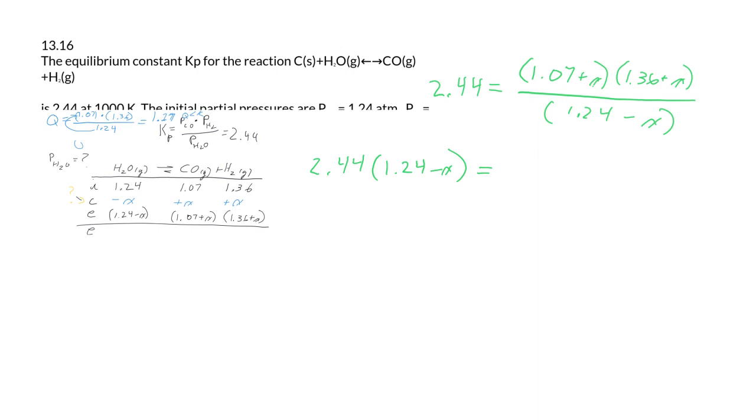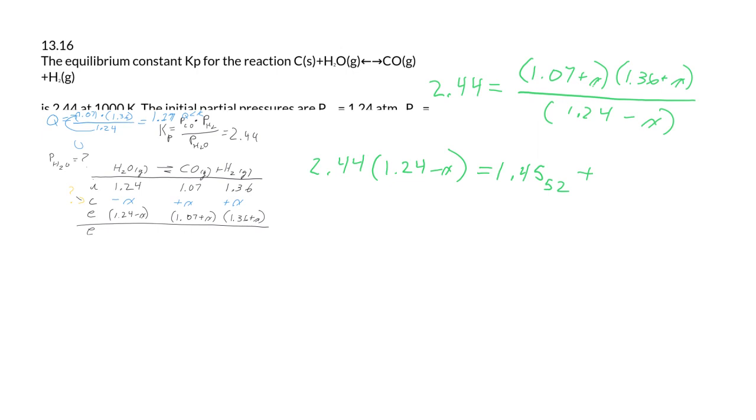I'm going to FOIL the top line. So I've got 1.07 times 1.36 equals 1.4552. Then I have, what is that going to be? 1.42, right? 4.3.